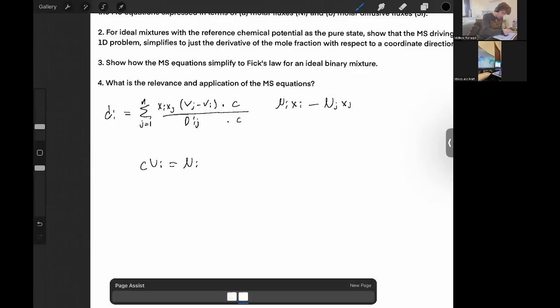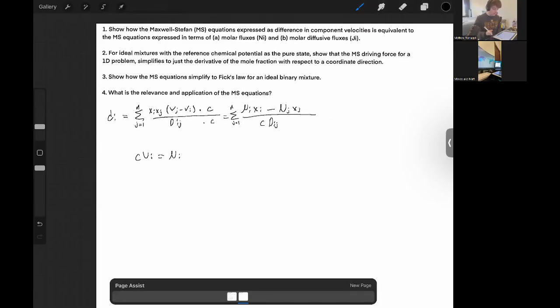It's supposed to be j there. And then we can put this over the concentration times the diffusivity of our system, and now we can put the sum over j equals 1. So now this looks like a different step in the Maxwell equation, and this is sort of the intermediate step before diffusivity.